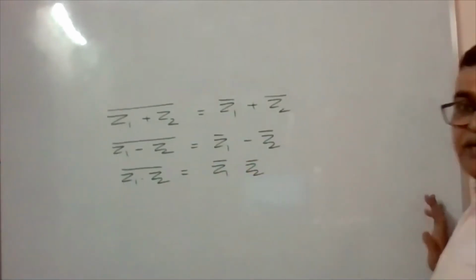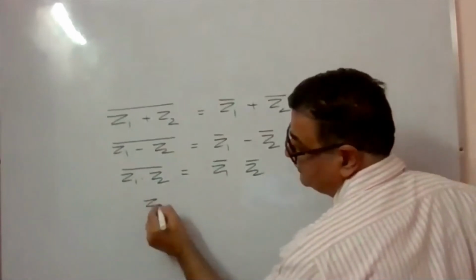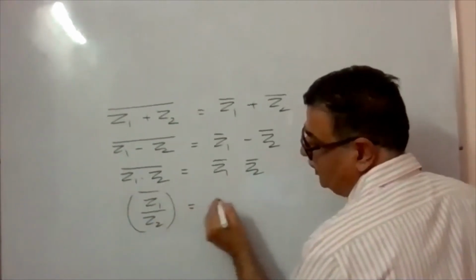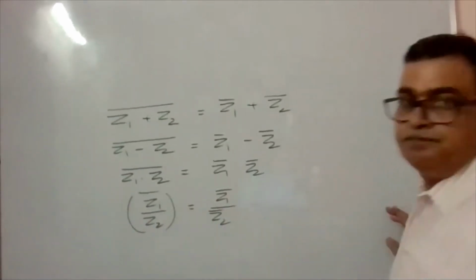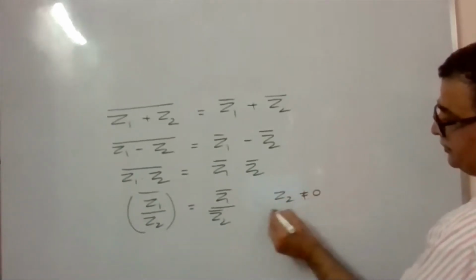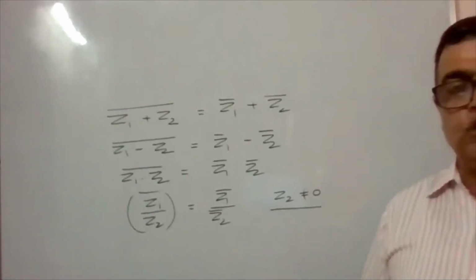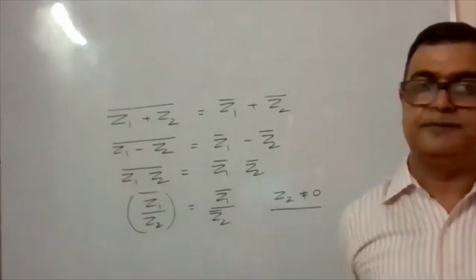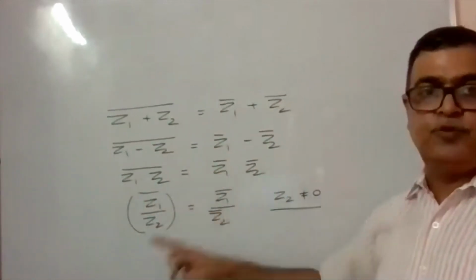So the bar can be separated in addition, multiplication, division and difference. If there is a bar on the total quotient, I can write this as Z1 bar by Z2 bar. And here you should keep in mind Z2 should not be 0, only in this case. Why should Z2 not be 0? Because if it is 0, then it will become infinity. So one property is this, second is this, third is this, fourth is this.